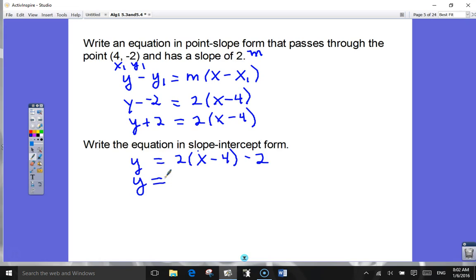I'm going to have to combine some like terms. You're going to have to use the distributive property, right? 2x minus 8. And then combine like terms. So that is 2x minus 10.